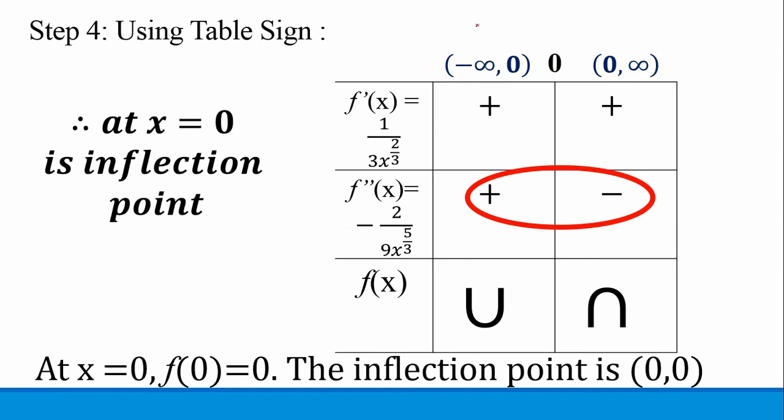Let's say negative 1 and 1. When I substitute negative 1 inside this one, we get a positive value, 1 over 3. Similarly, if you put 1, it becomes 1 over 3 also, and it is positive.